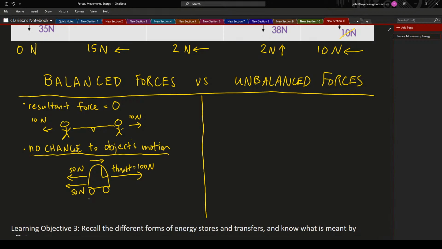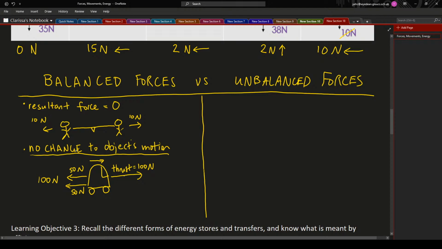They're balanced, right? Because there's a sum total of 100 newtons of resistance pulling it back, a total of 100 newtons pushing it forward. The resultant force, I'll say RF, is 0 in this case. But the car is already moving.